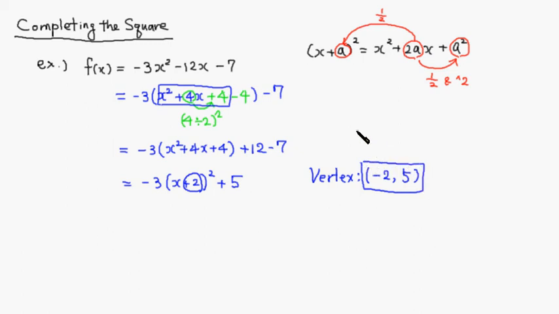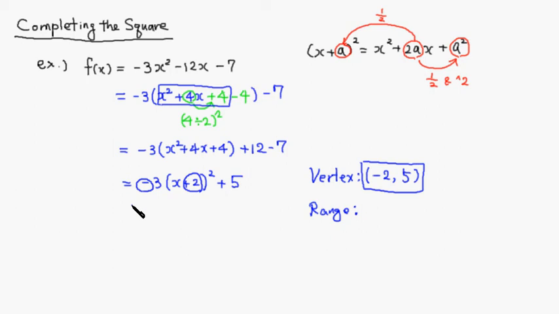That's the vertex of this quadratic function. If you are looking for the range of this function, the vertex is very useful. The first thing we have to pay attention to is this negative sign. This negative sign corresponds to the reflection about the x-axis.